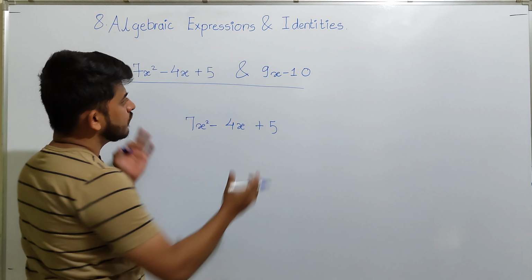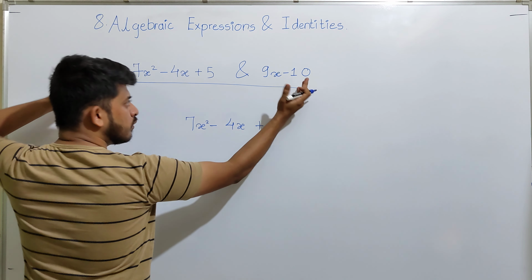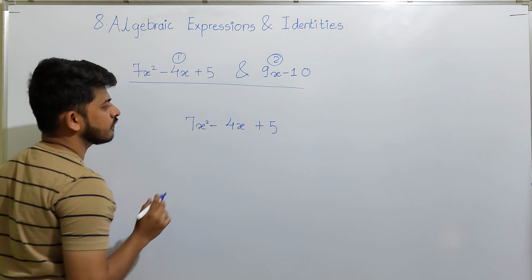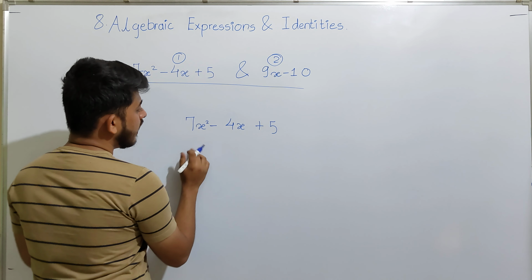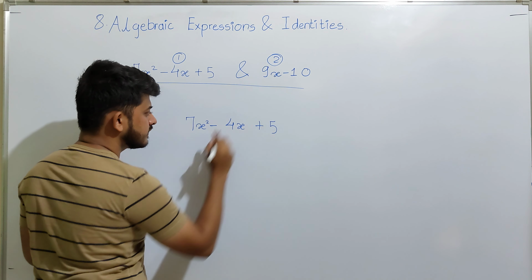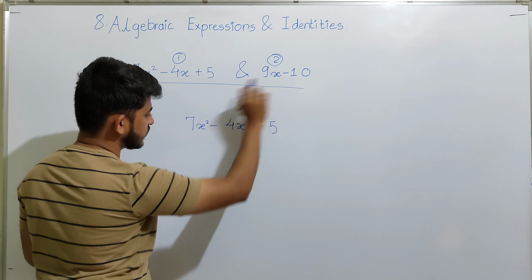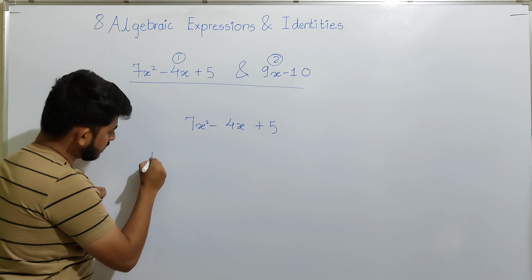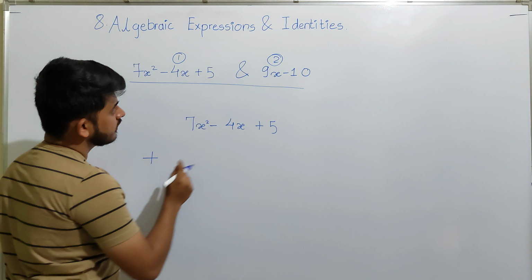If I want to add these both equations, what will I do? Do I have x square in this equation? No. So I'll write plus, right?